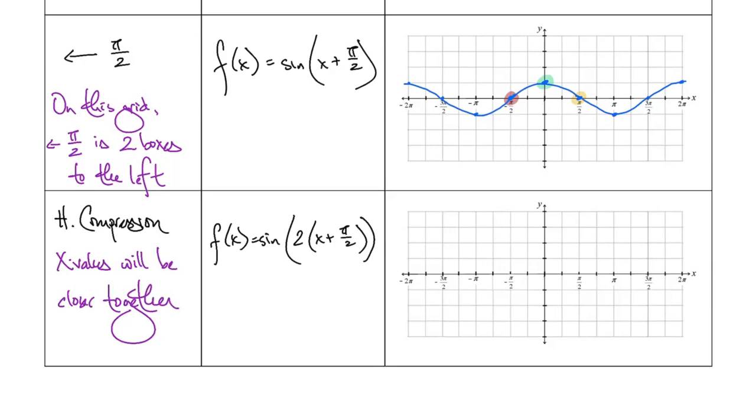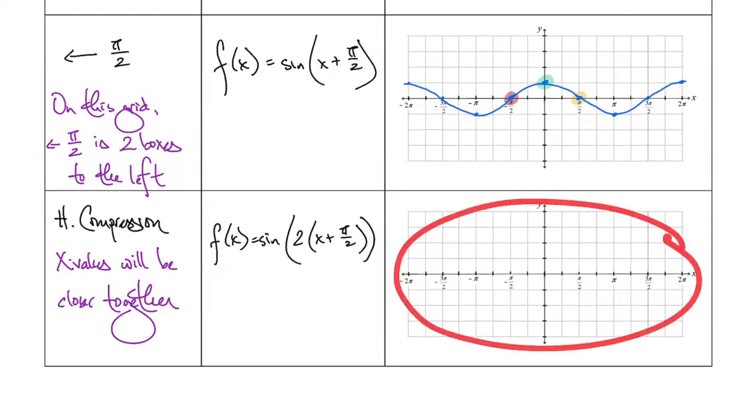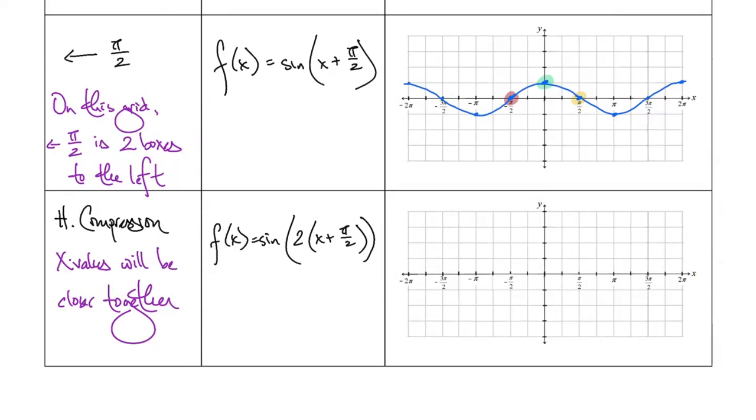Now, here's the deal. The first point you must draw down here, no arguments, has to be your center point. Because you are squeezing around the center point, like you're squeezing things into the center point.